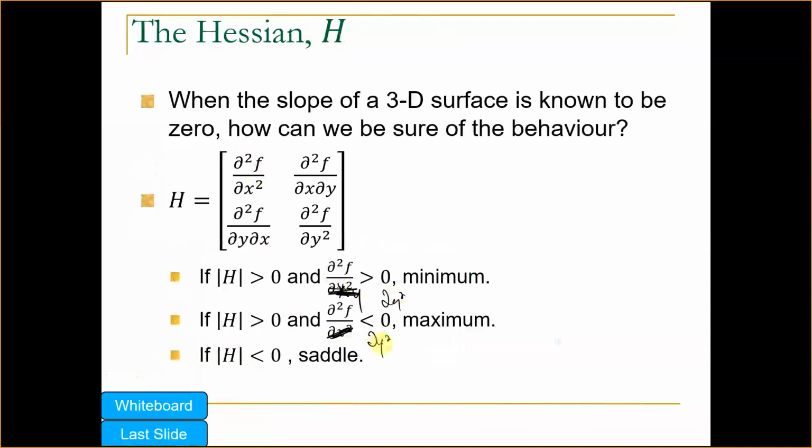Doesn't matter, because x and y are just non-dimensional, the independent variables. So there's nothing about x versus y, you should understand what I'm saying. So it could go either way. What did you say saddle was? The saddle is when the determinant of the Hessian is negative. That means this times this minus this times this equals a value less than 0. Okay?